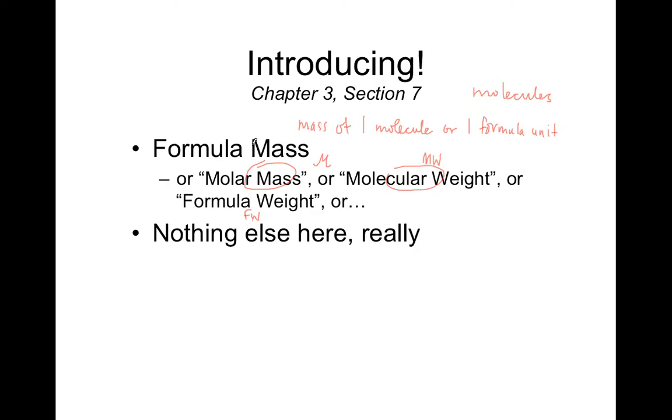That's the mass of one. That's what a formula mass is. The molecular weight, we almost always are going to call that the mass of 1 mole, right? So the formula mass is typically in AMUs, and this is typically in grams or grams per mole, right?